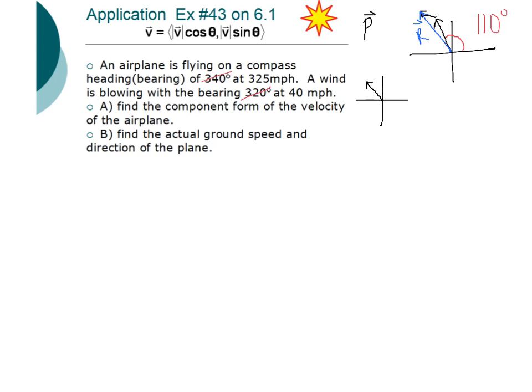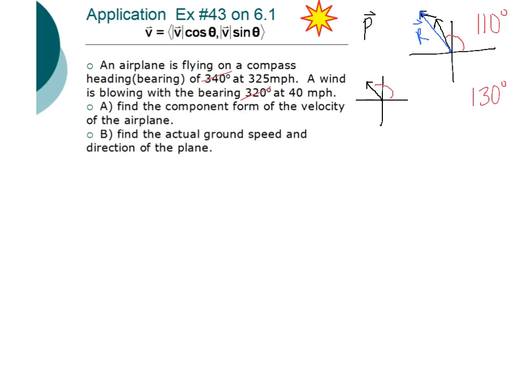That would be 320 if you're doing bearings, because there's 90, 180, 270, and a little bit more to get to 320. So a 320 would be 40 degrees shy of all the way around. This angle right here is going to be 40 plus the 90. Looks like I'm looking at a 130 degree angle. Those are the two angles that I'm going to use as I do the math.